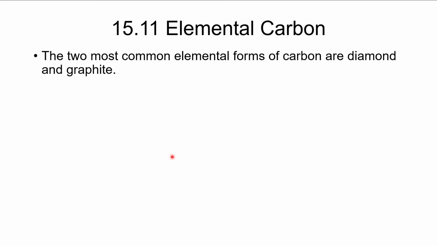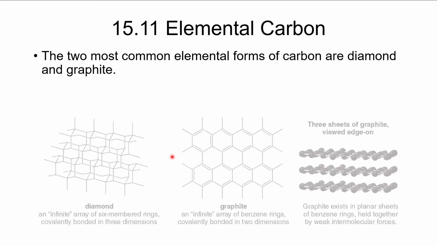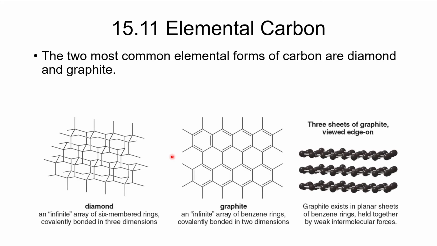All right, we have one last topic that we want to look at before we finish up with this particular chapter, and that is looking at elemental carbon. Now, there are two common forms of elemental carbon. One is diamond and the other is graphite. Diamond is interesting because every single carbon in a diamond is sp3 hybridized and connected to four other carbons.